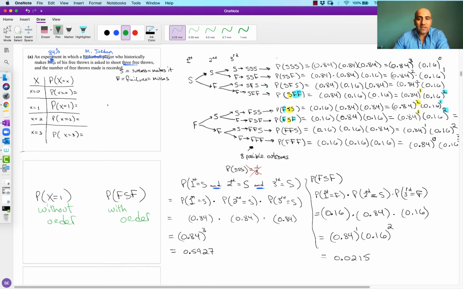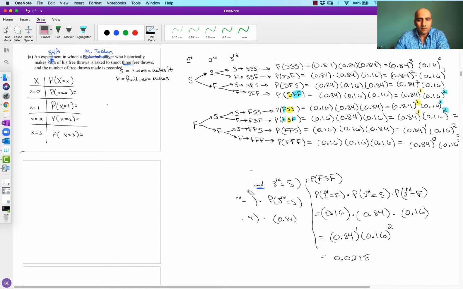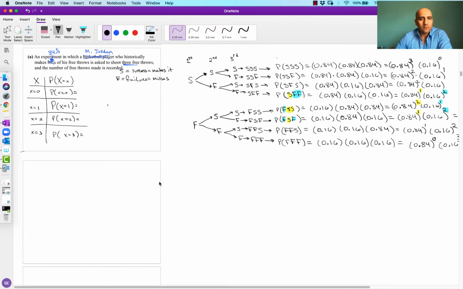Okay, so we're going to use this really ugly table here to help us figure out the individual values of each one of these over here. Okay, so let's do that. The probability that x equals 0 is the probability that he makes none of them. As we can see from our table, there's only one way that can happen. He makes 0 of them.